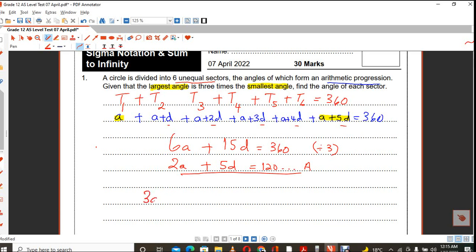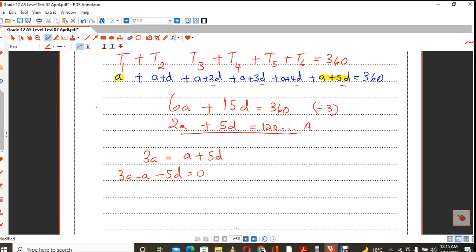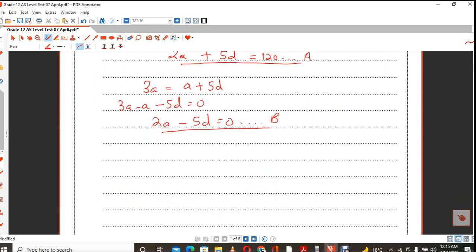So 3 times the smallest angle is equal to the largest angle. Alright, so let's get everything to this side and let that equal 0. So again, this is going to give you 2A minus 5D is equal to 0, and that is your second equation. So we're going to solve these two equations simultaneously.